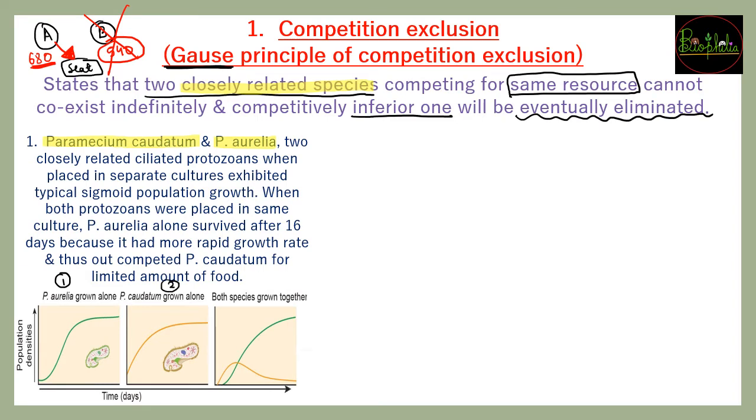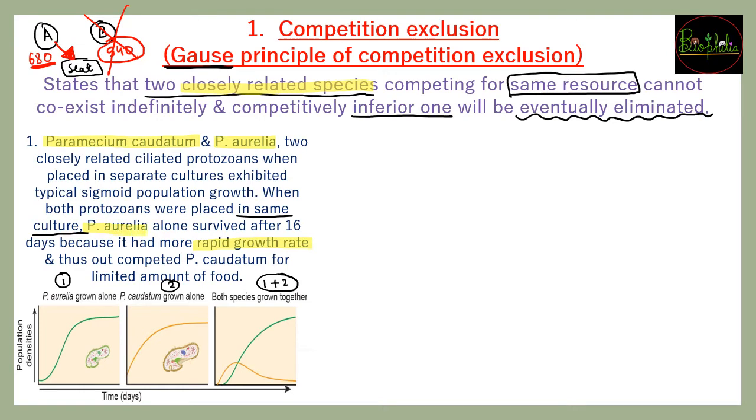But once they are placed onto the same culture dish, and once they both are living together, what is going to happen? The Paramecium aurelia, यानी जो superior one है, it is going to show rapid growth. Rapid growth कौन दिखाएगा?